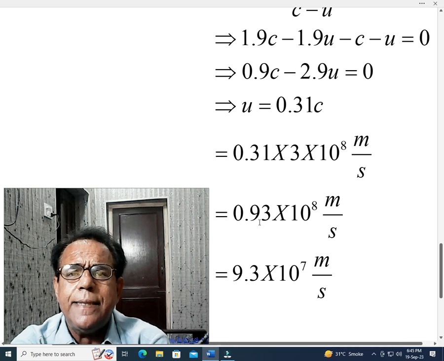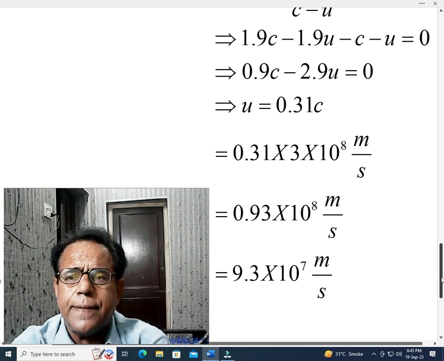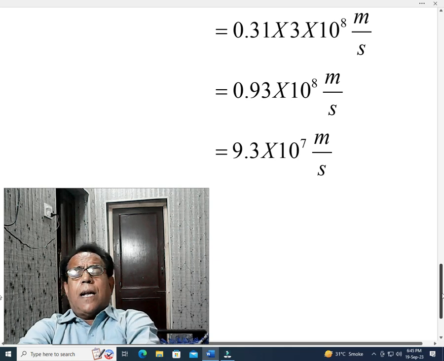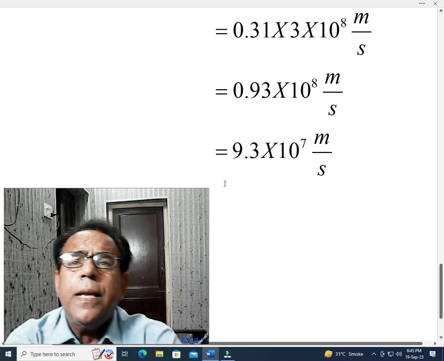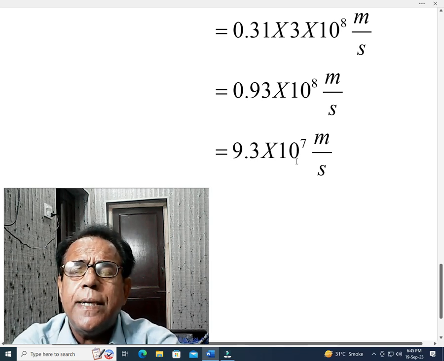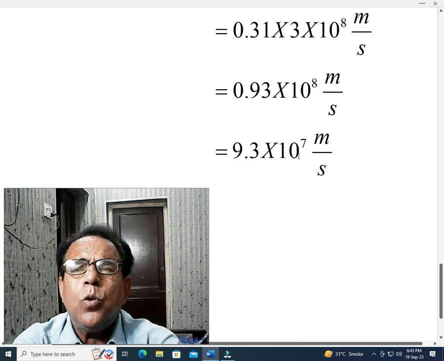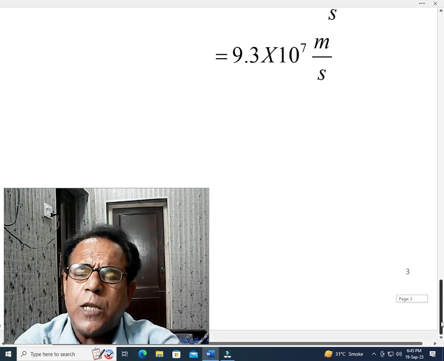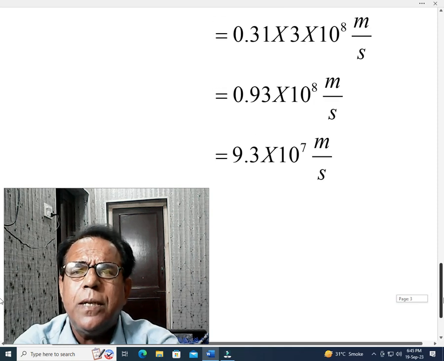We can write this expression as 9.3 into 10 raised to the power 7 meter per second. Similarly we can also write it as 93 into 10 raised to the power 6 or 930 into 10 raised to the power 5. These are various ways to express this solution.